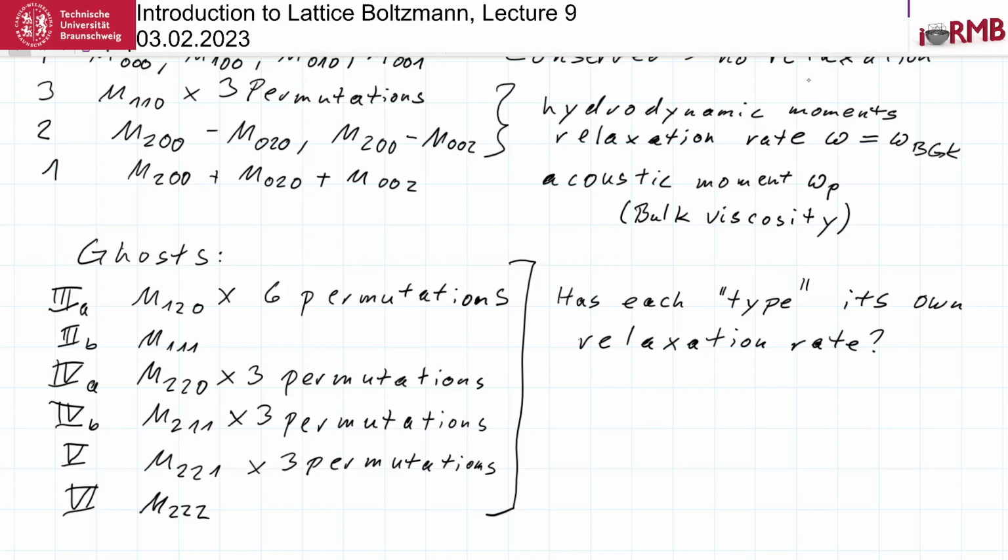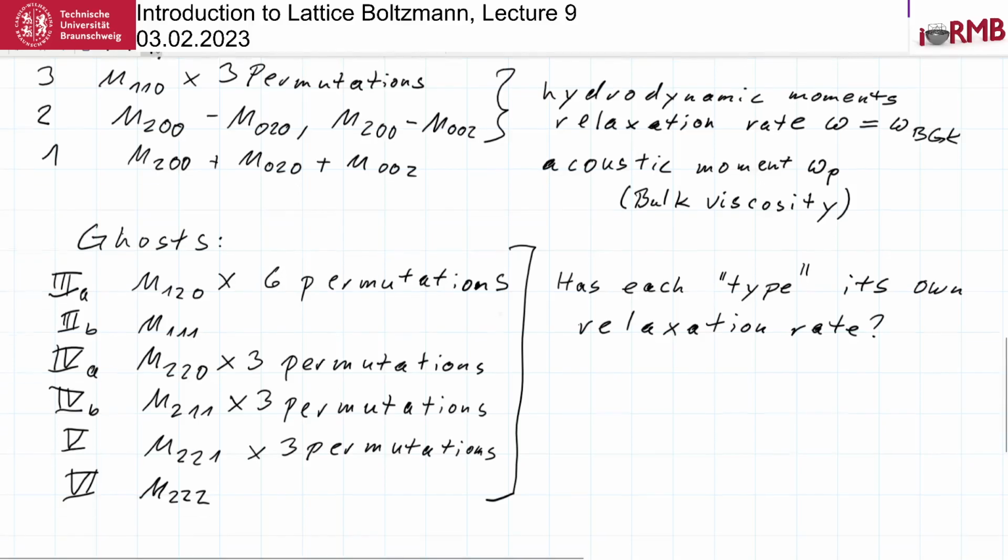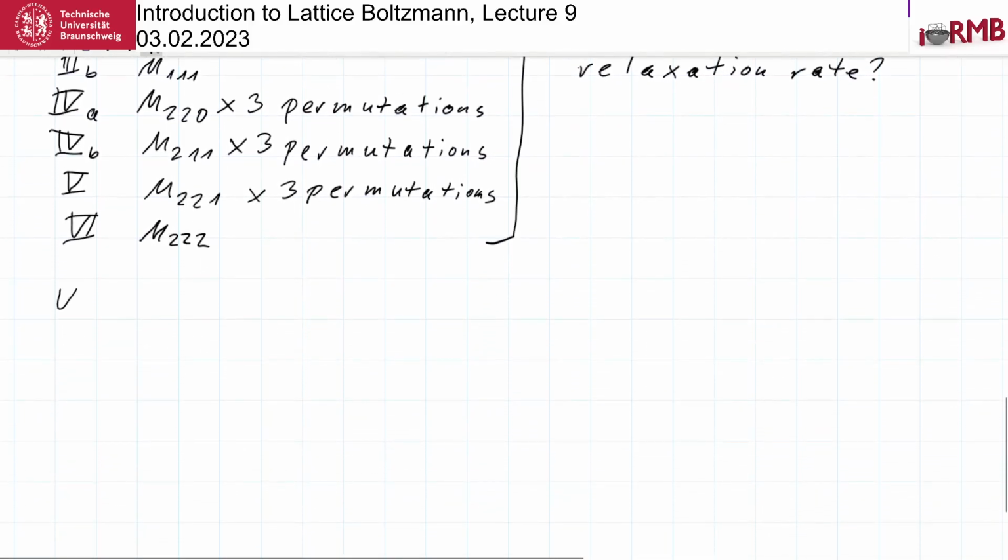Not for each permutation, but we have 1, 2, 3, 4, 5, 6 types. Does this mean we have 6 different relaxation rates, or is there more to it? There's more to it. Okay, so there's more to come.